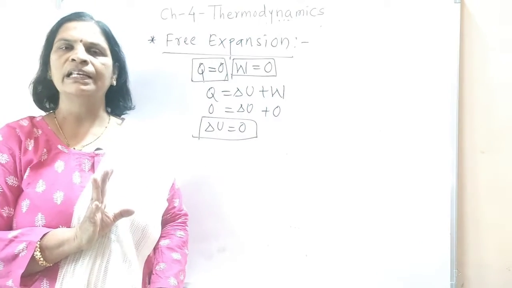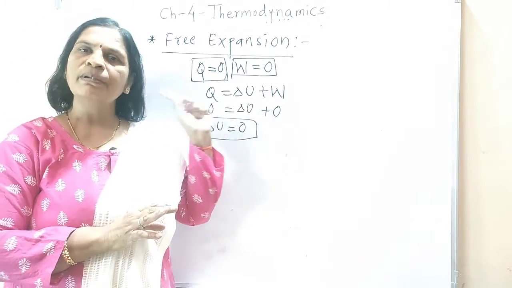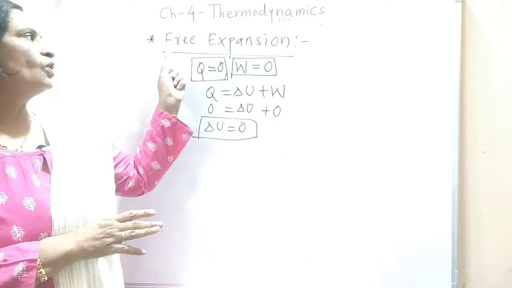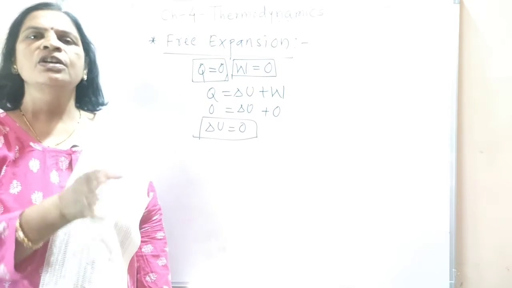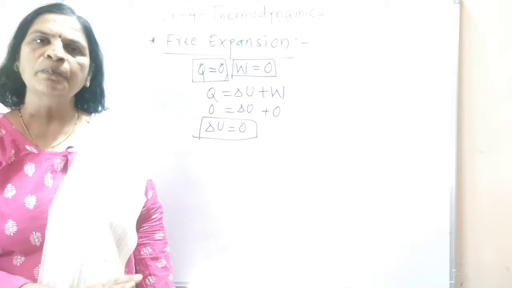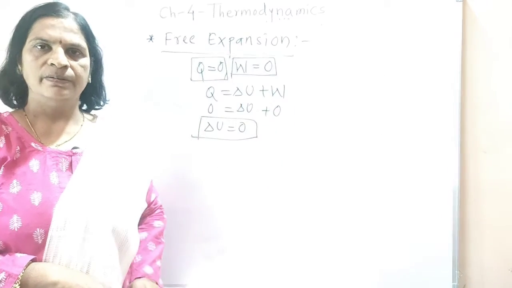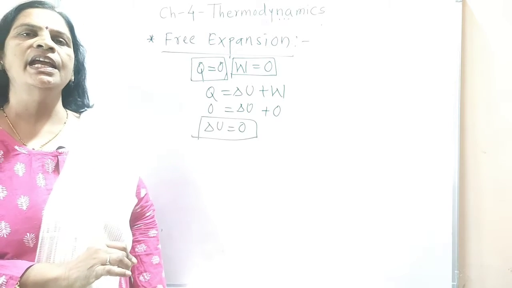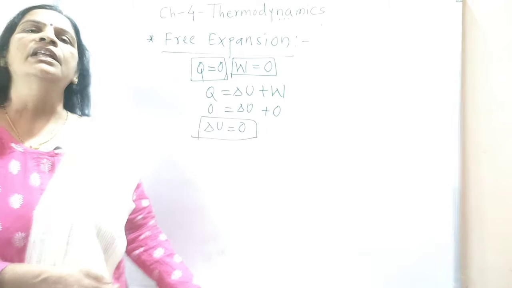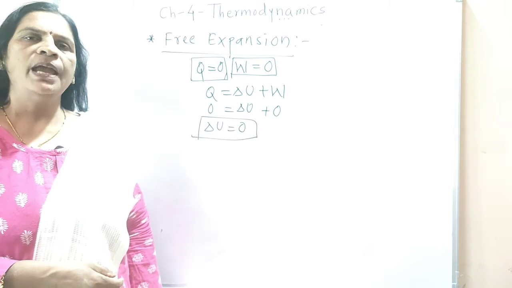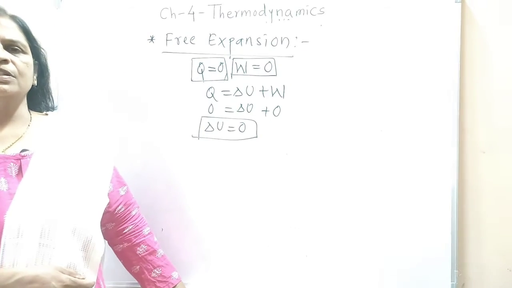Means the condition of thermodynamic equilibrium cannot be obeyed in case of a free expansion, and it is a very fast process, so we cannot plot a PV diagram for free expansion. Okay, only the initial state and final state of the system we can plot on the PV diagram. Okay, and this is all about the free expansion.